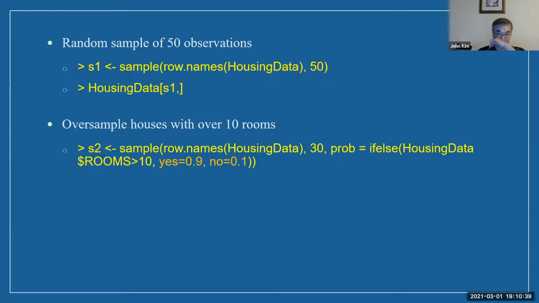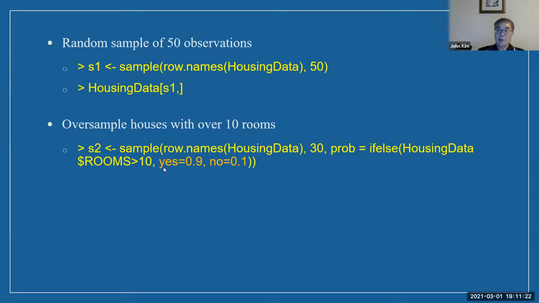I will make a sample 2 using the same sample function, and then the same row names, and then housing data. Then take 30 data. The sample size is 30. Then using probability. So housing data, and then column name, rooms, greater than 10, more than 10.